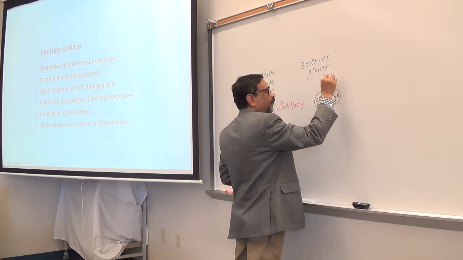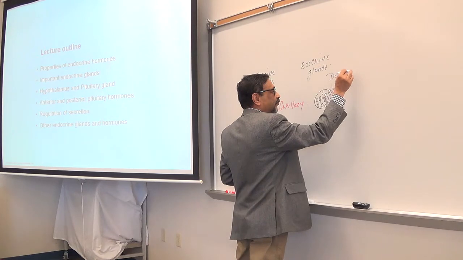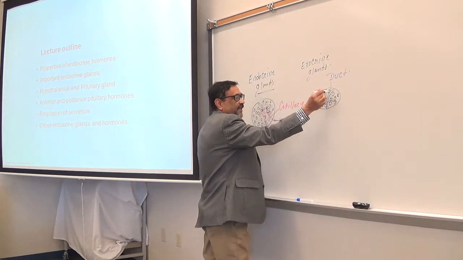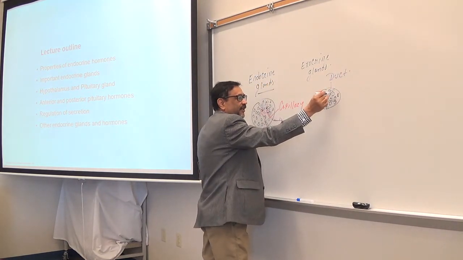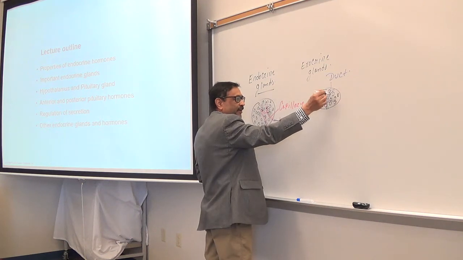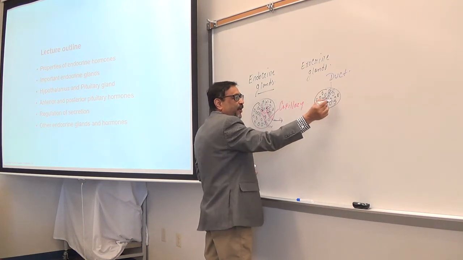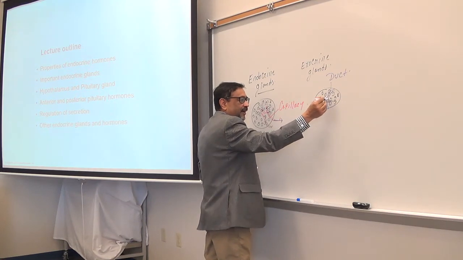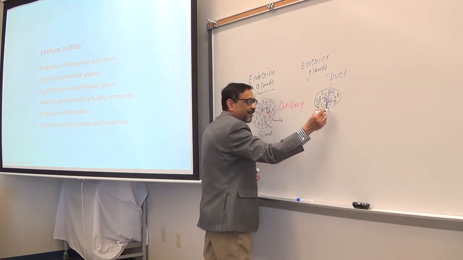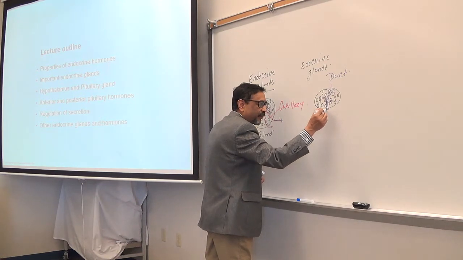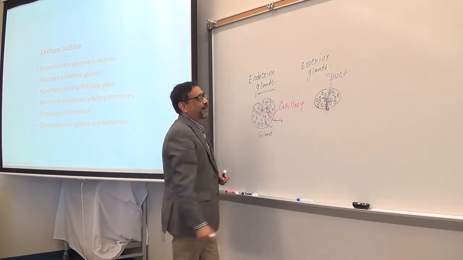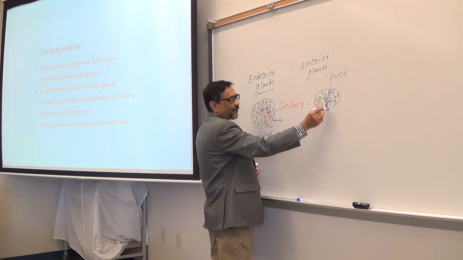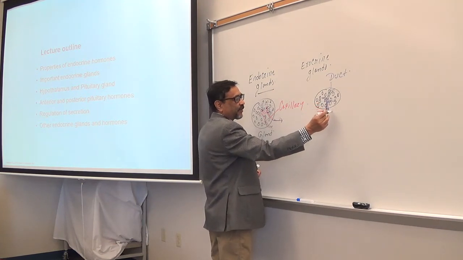So from the cell, the chemical is directly going into the duct. Small ducts join to form a larger duct, and then the duct or tube gets out from the gland and releases the chemicals just outside of the gland.